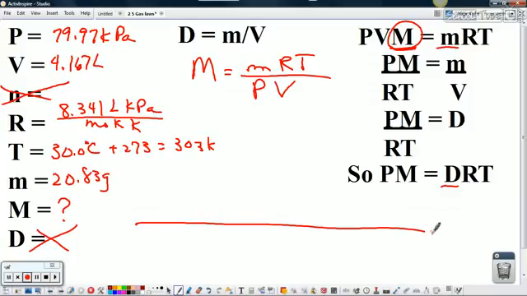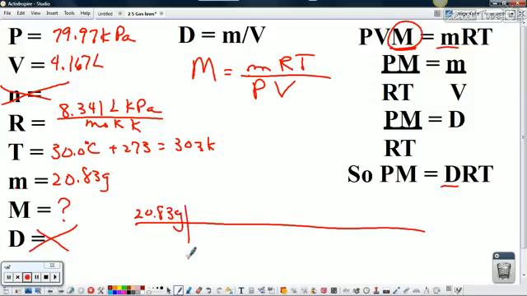Nice long line, because we have a lot of letters to put on there, and units are important. We're going to write our units down, no matter how much we don't like doing it. If I do it up here, I expect you to do it on your test. The first thing I'm going to write down is my M, 20.83 grams.